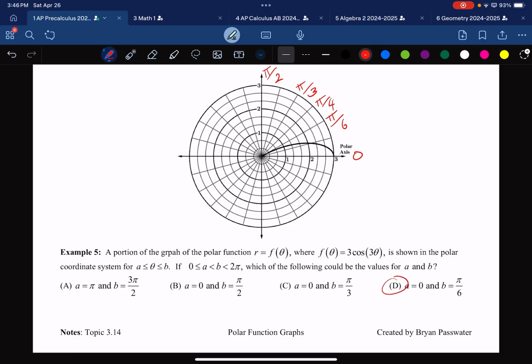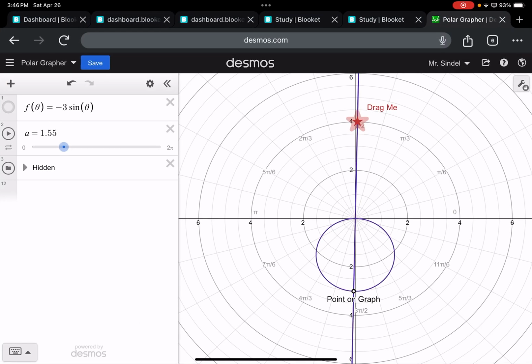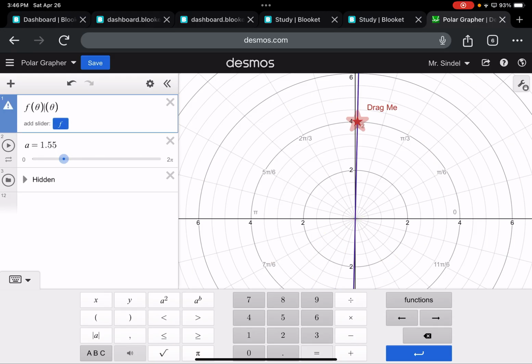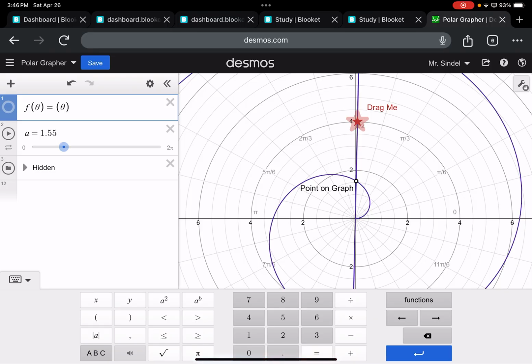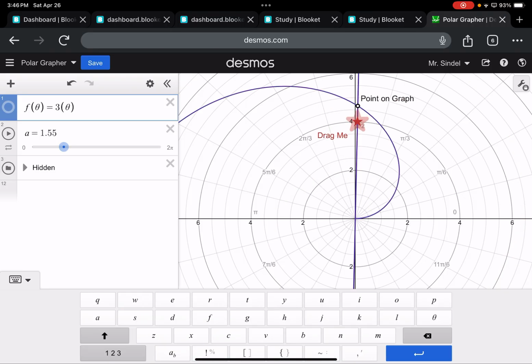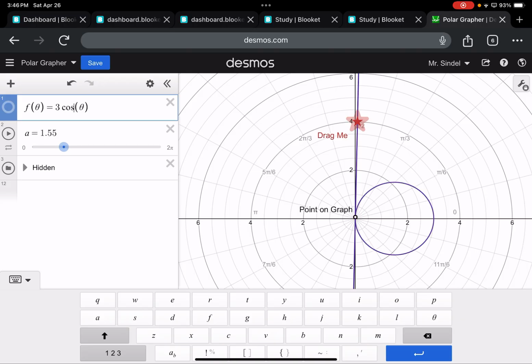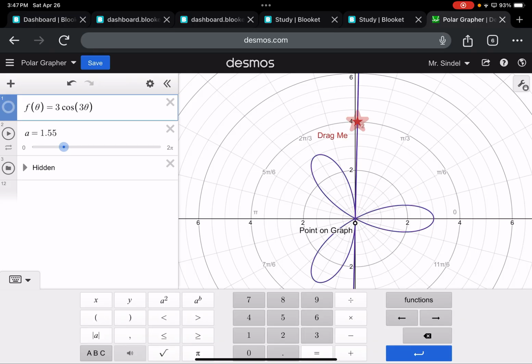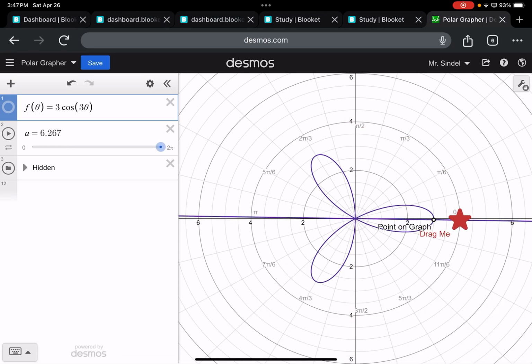Again, just to double check my work, let's plug in 3 cosine of 3 theta on my calculator and see what's really happening. Let's move the star all the way back to the beginning.